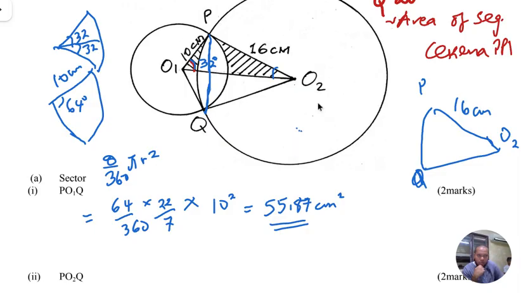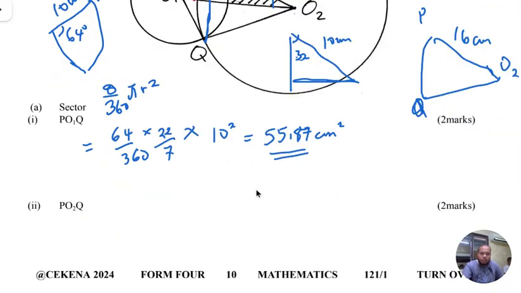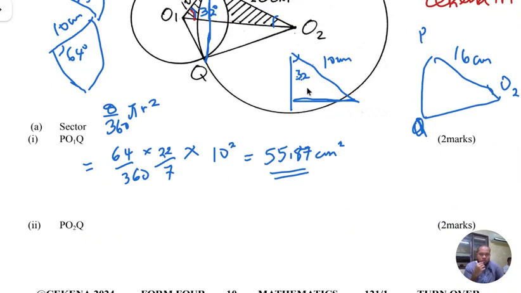Your triangle ukiweka vizuri yafanana hivi, hapa ni 32, hapa ni 10. Nataka tutafute hii hapa. So kupata hii utachukua nini? Utachukua sin. Opposite ndio utafuta opposite na hypotenuse. So sin ya 32 equal to x over 10.